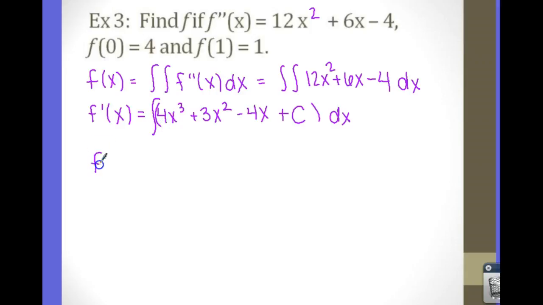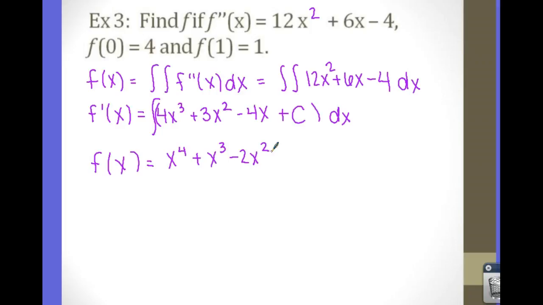So f of x: add 1, divide by the new one. You get 4 over 4, so x to the 4th. Add 1, divide by it, so you get x cubed. Add 1, divide by it, so you get 4 divided by 2, minus 2x squared. A constant is kind of like the 4, right?